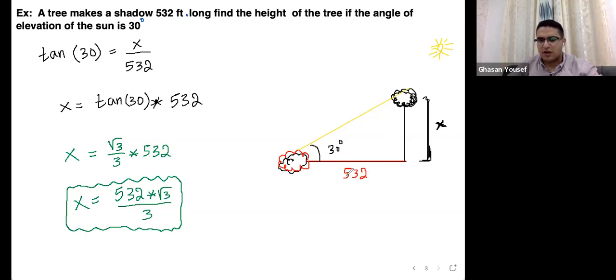So you should know how we can find the length or the height of the tree. Any question? Okay, this is what you should know about this section. So we finished this section.